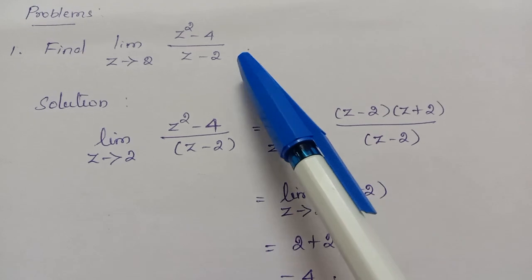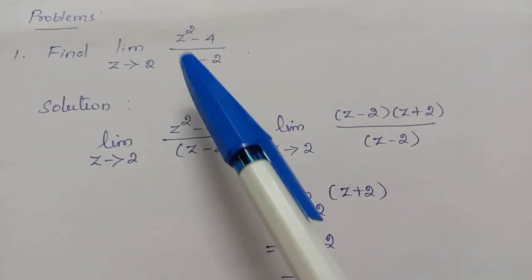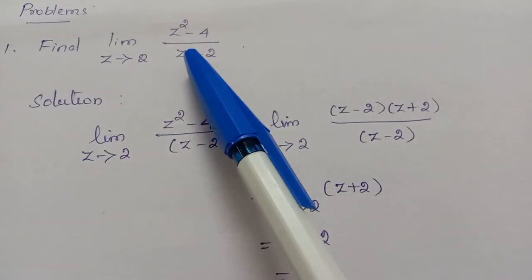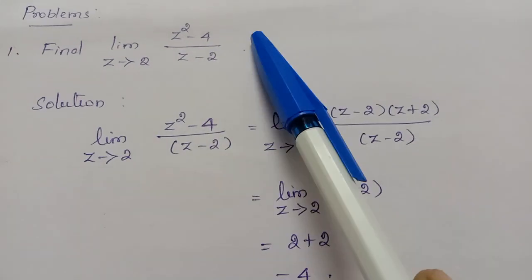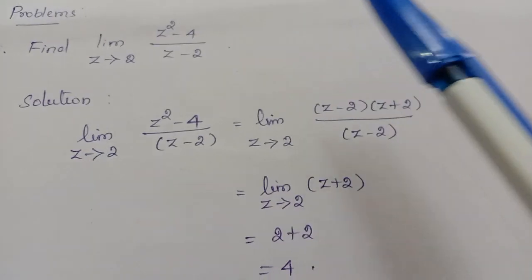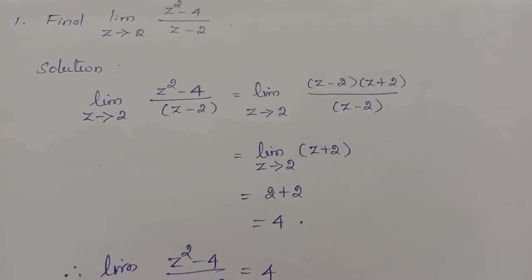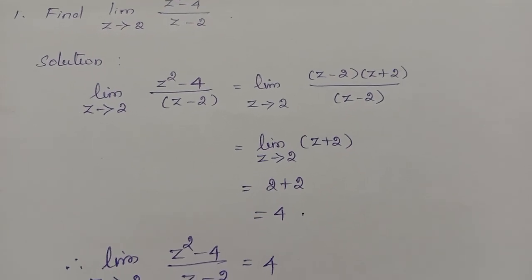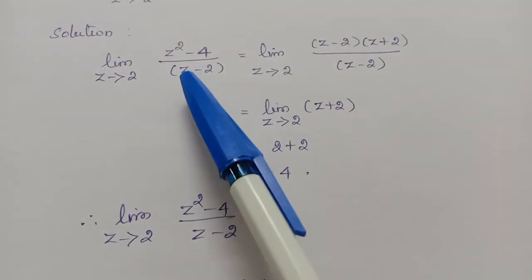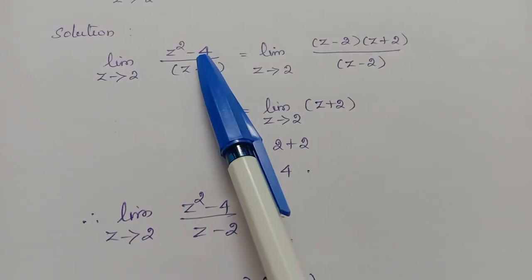So whenever you have problems of this type, first you substitute the limit as it is in the given problem. If you get the indeterminate form 0 by 0, you cannot write the value as it is. So you have to try to eliminate that 0 by 0 form. For that, look at this term here. This is like a square minus b square, no?